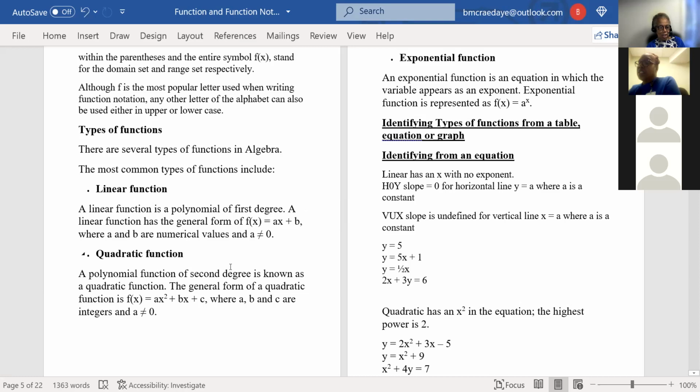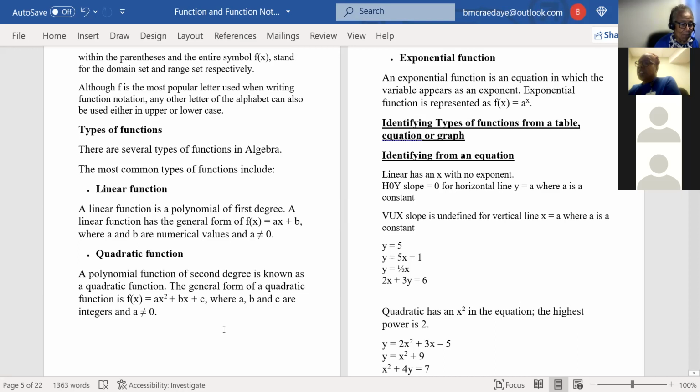Polynomial functions, second degree, you always have a square. If you don't see a square there, then you know it's not quadratic. The general form is ax squared plus bx plus c. A, B, C are constants, all right? And then of course the x is the variable. Now this is f of x, the same as saying y equals ax squared plus bx plus c.